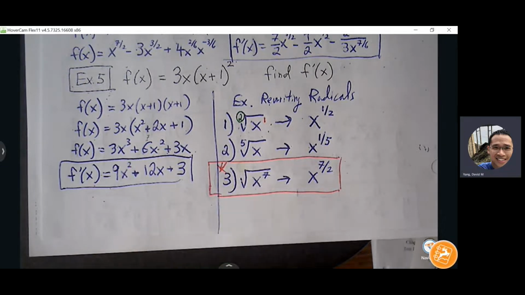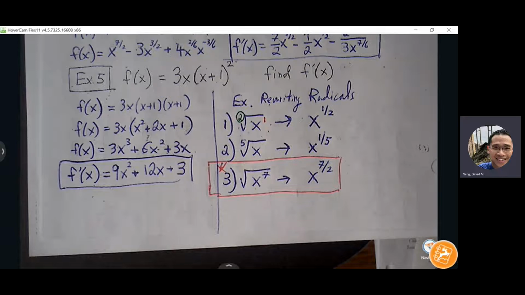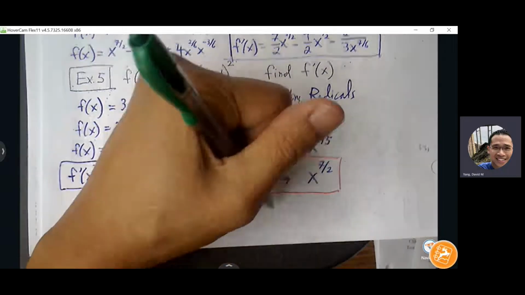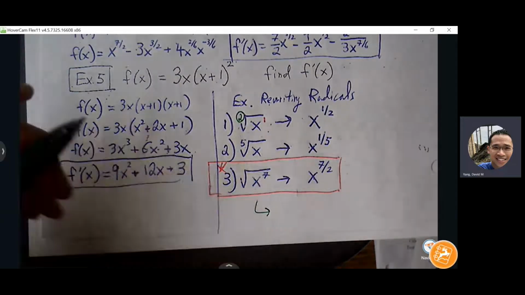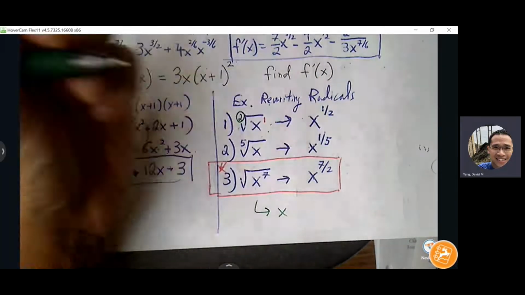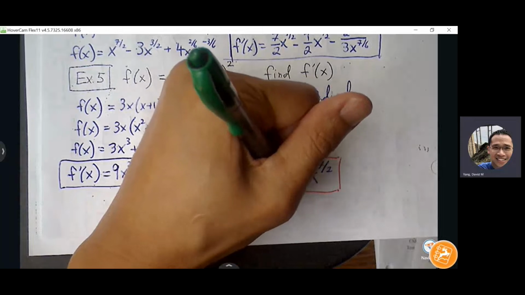That's why 7/2. What are some common mistakes that you think happen? I want to point these out in hopes that you don't make these mistakes on the quiz or test. So let's point out the ones that are wrong so we can recognize them and make sure we don't apply them. x to the 7th. Okay, what else? x to the 1/7. x to the 1. That's the most common one.